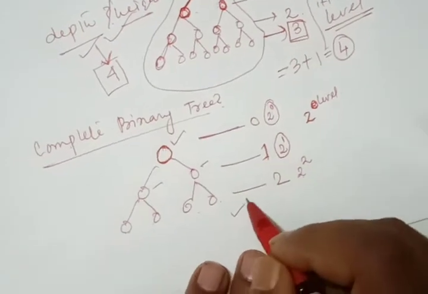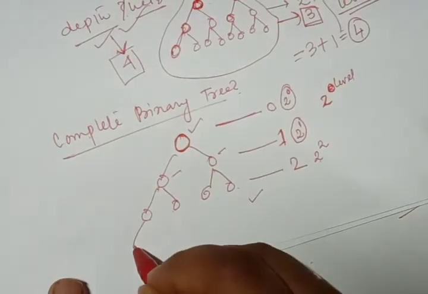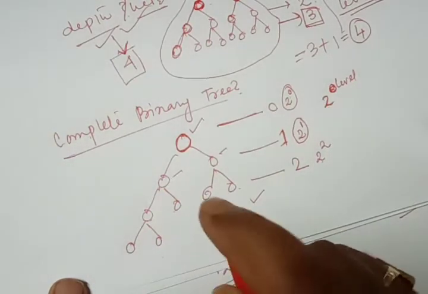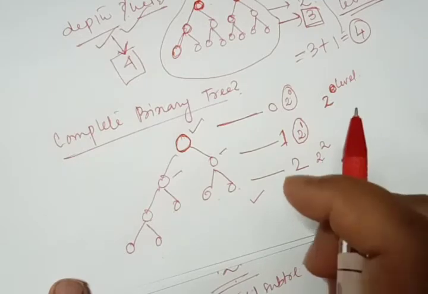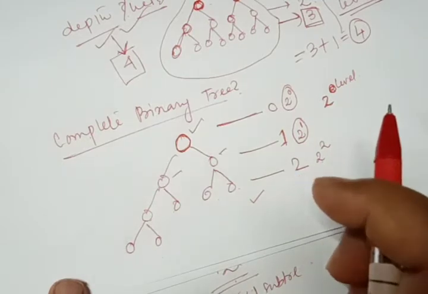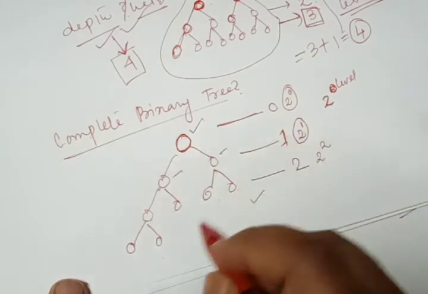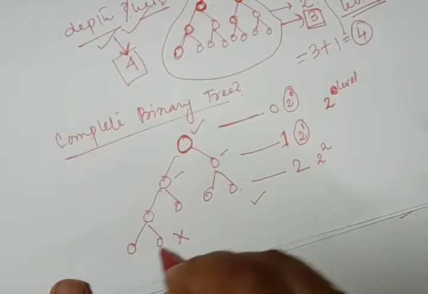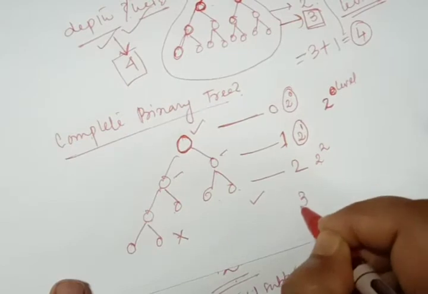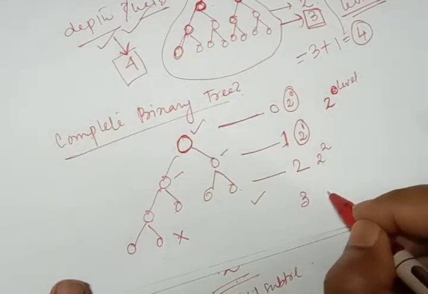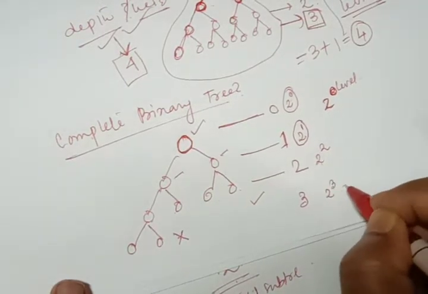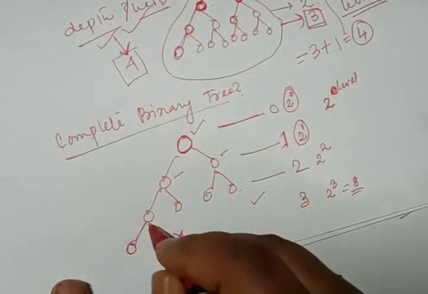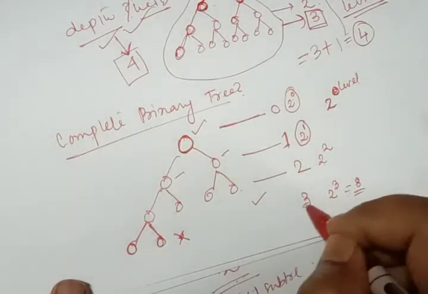Along with that, this one is also a complete binary tree, because the definition says except possibly the last level. Here the level number is 3, and the maximum we can provide is 2 to the power 3, that is 8 nodes, but here I am providing only 2 nodes.